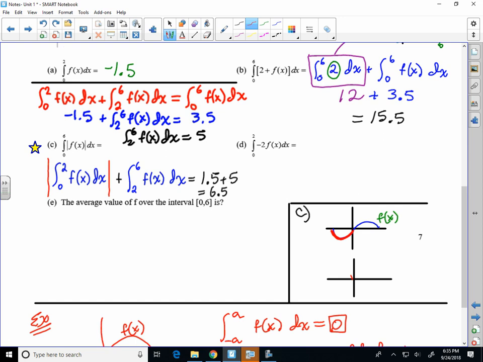All right, so take that and reflect it over the x-axis. Keep any part that's above the x-axis the way it is.